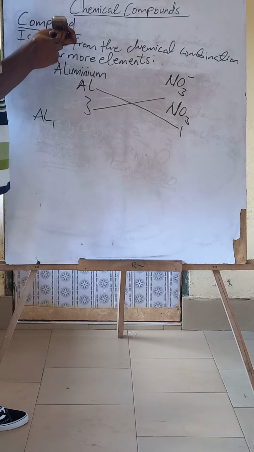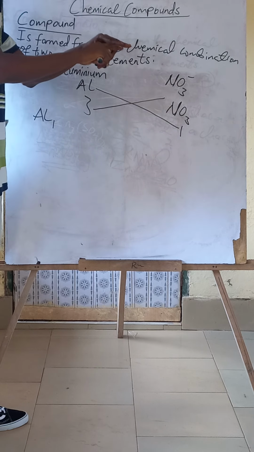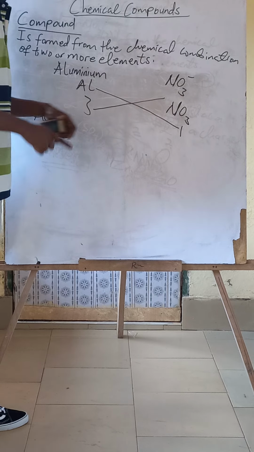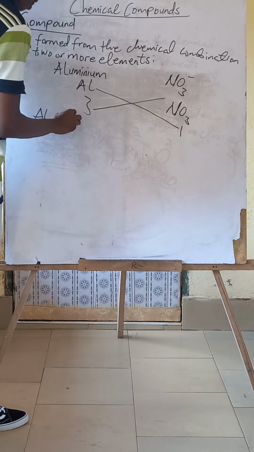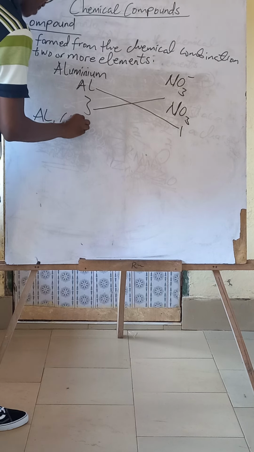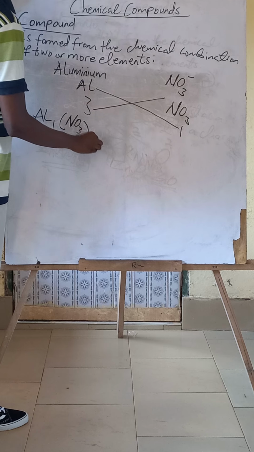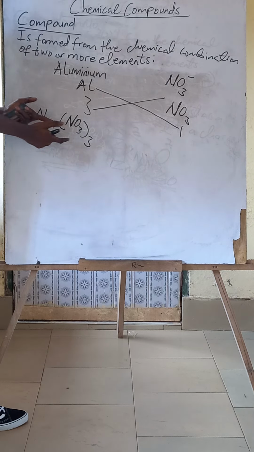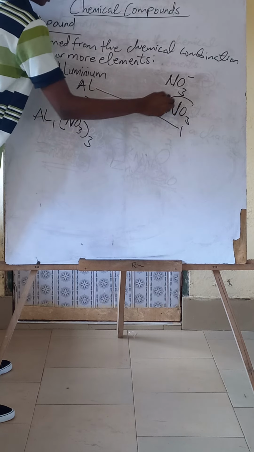This one is not a single atom, or a single element. It is a polyatom. We are dealing with 2 atoms here. So put NO3 inside the bracket, so that when you write this valency here, which is 3, it will affect everything. If you don't write it this way, it will be wrong. This valency of 3 is affecting everything here.